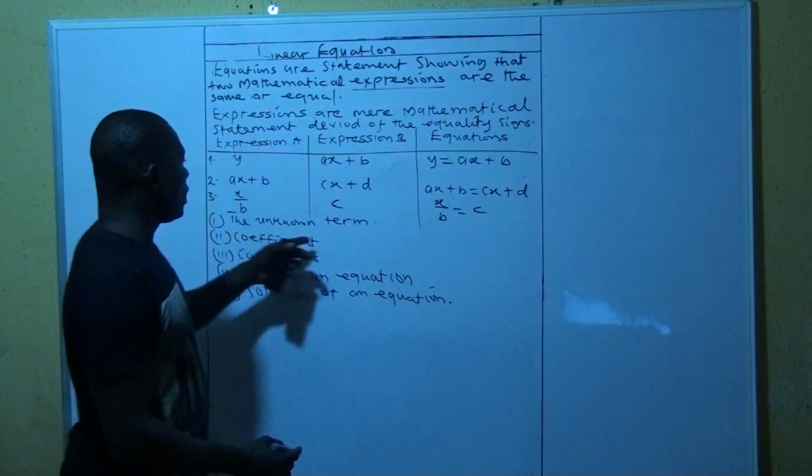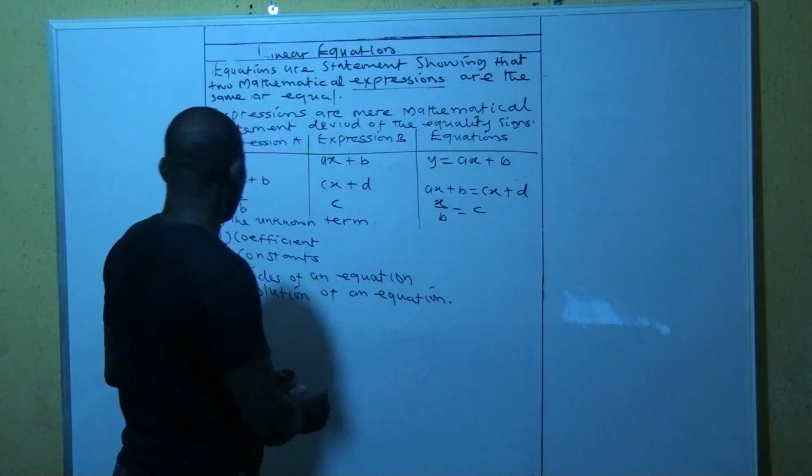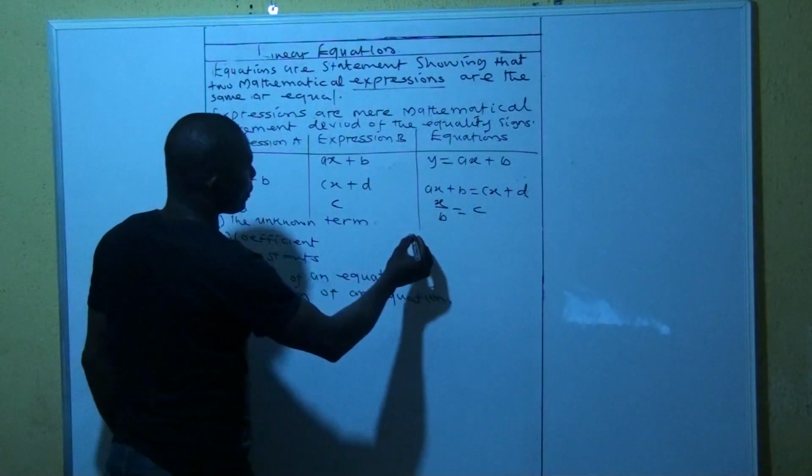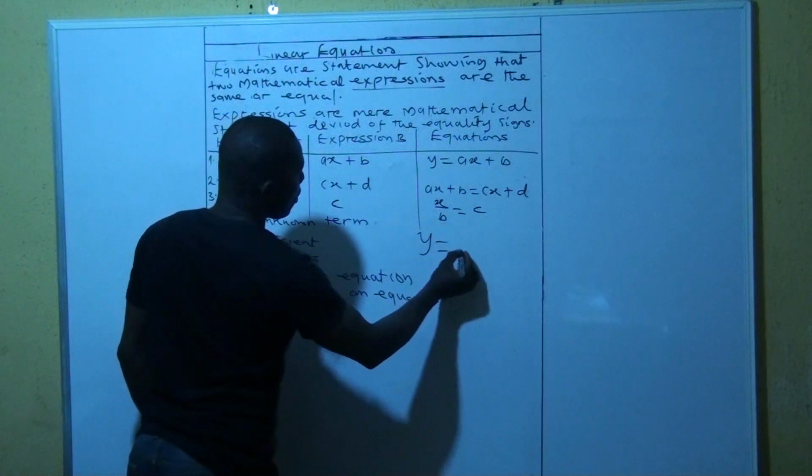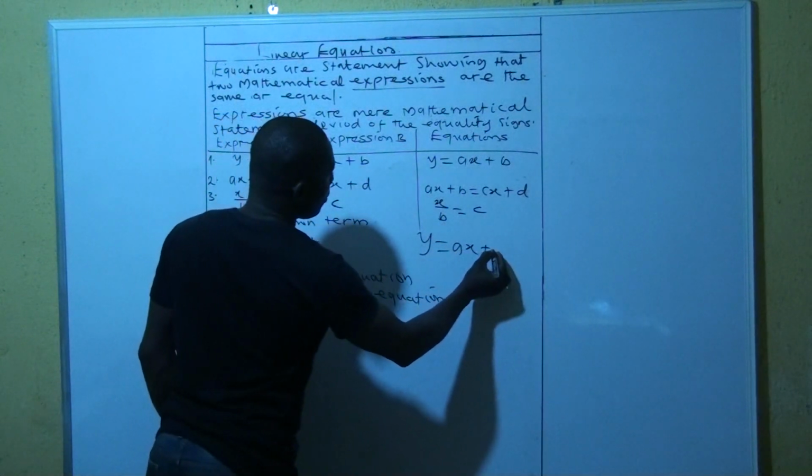So we must know all this. Quickly, from our expressions, from our equation, which says that y is equal to ax plus b.